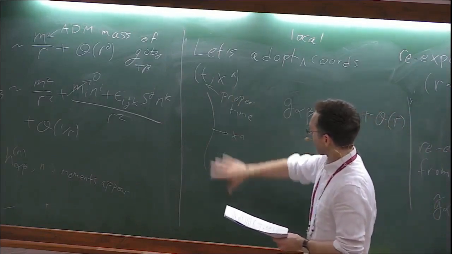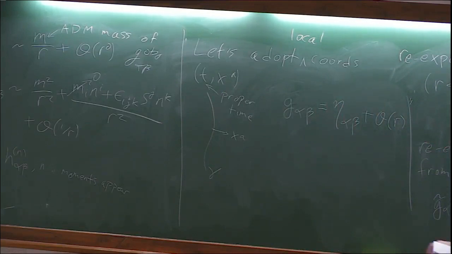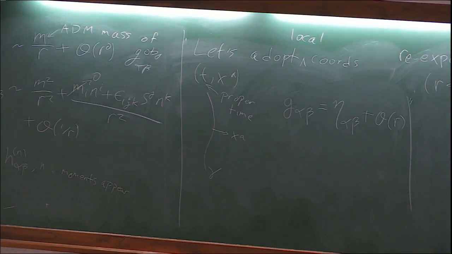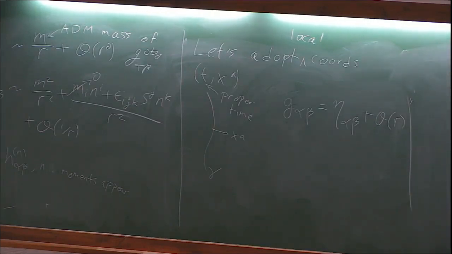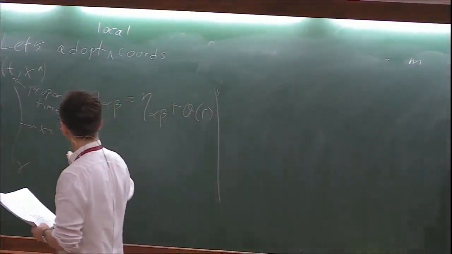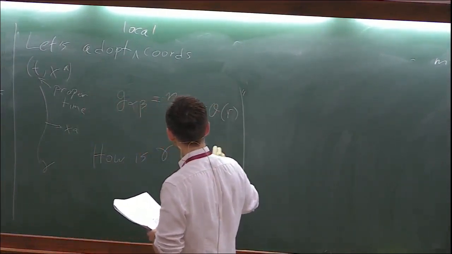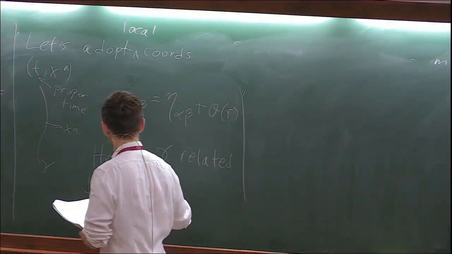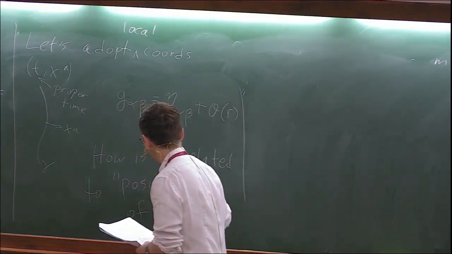Okay, so here I've just said I've got a coordinate system in the manifold of the external background. How is this related to the position of the object? So I'm going to try to illustrate that with a picture. How is gamma related to the position of the small object?